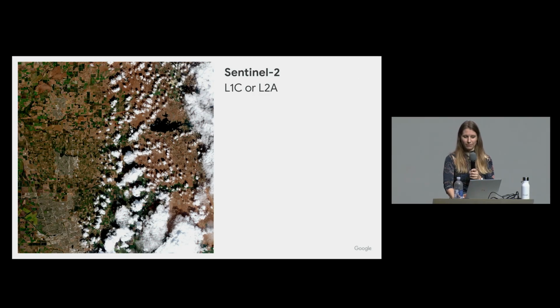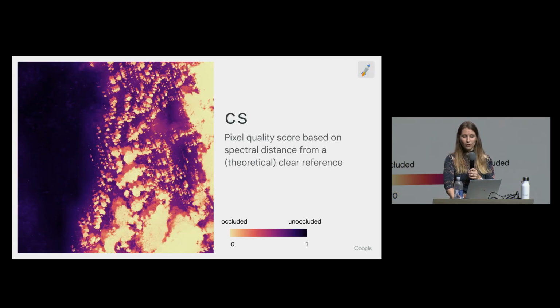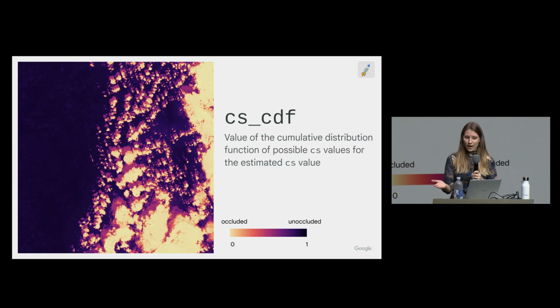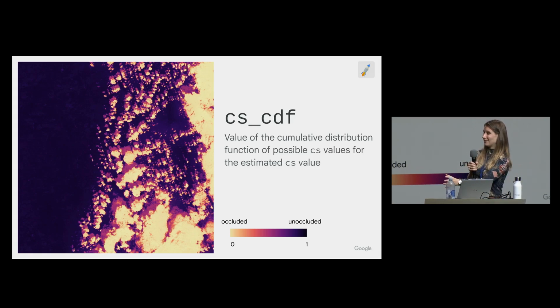And I'll show you the source image again here. So cloud score is sensitive to that thinner, hazier area around, whereas we also have the CS-CDF, or cumulative distribution function. This takes a step beyond cloud score itself, that raw difference value, and it gives us the value of the cumulative distribution function of the possible CS values given the estimated CS value.